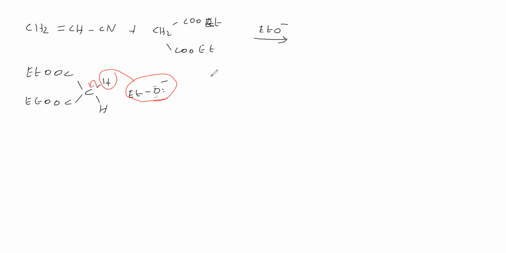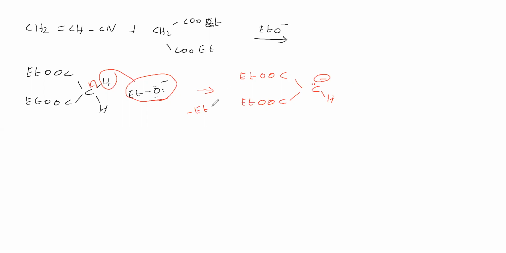This bond is shifting to carbon. Okay, so we got it like this. So this is abstracting the proton, therefore it becomes ethanol. Here it becomes a carbanion.